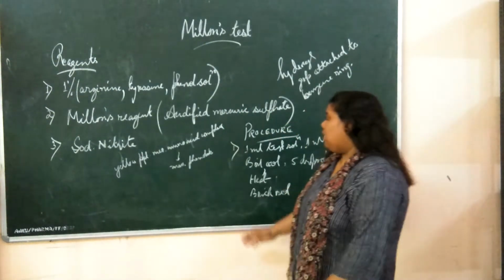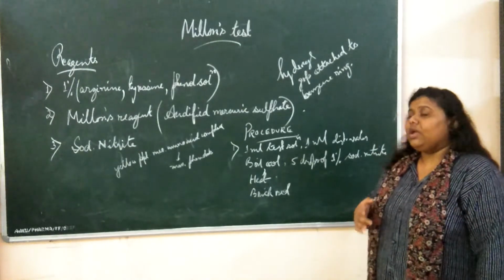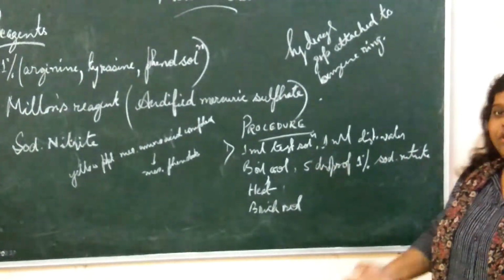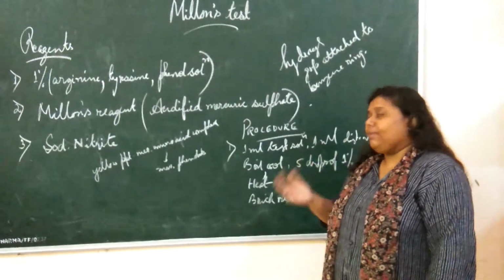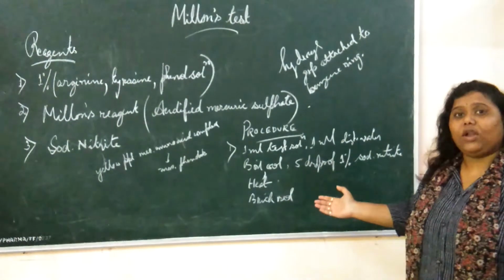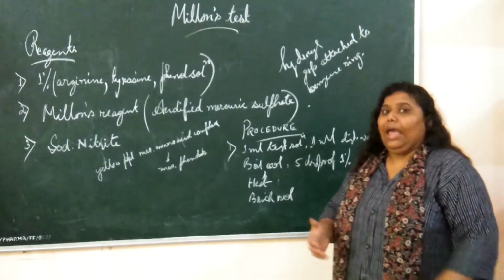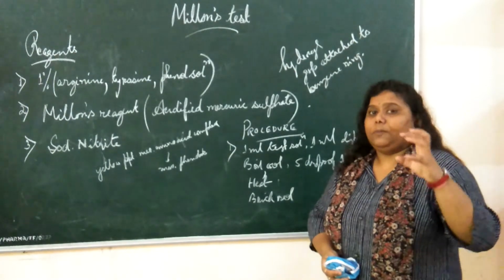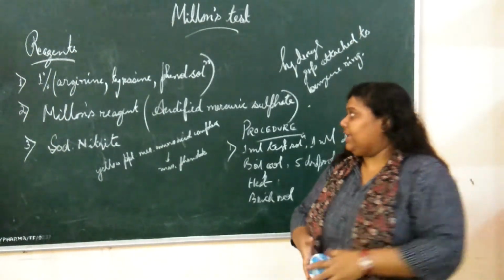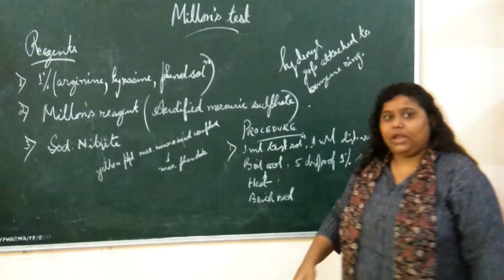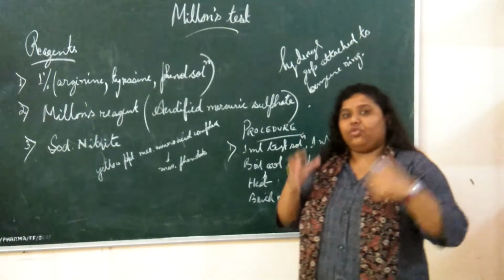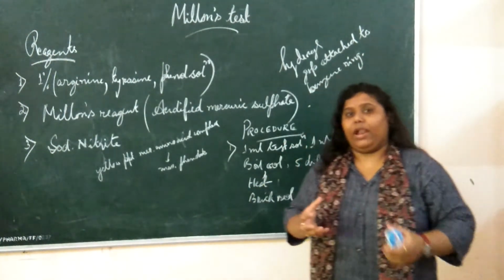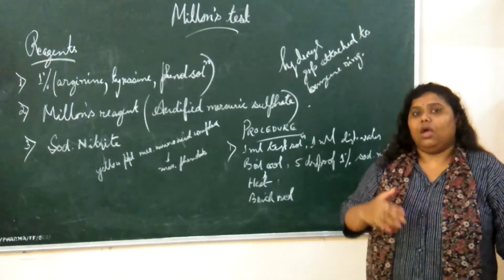Once again I repeat the procedure. We take 1 ml of test solution in one test tube, then 1 ml of distilled water in another test tube as control, and then 1 ml of Millon's reagent, the acidified mercury sulfate, in another test tube. We mix it well and boil for 1 minute.